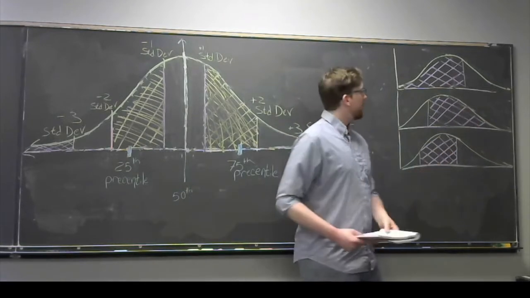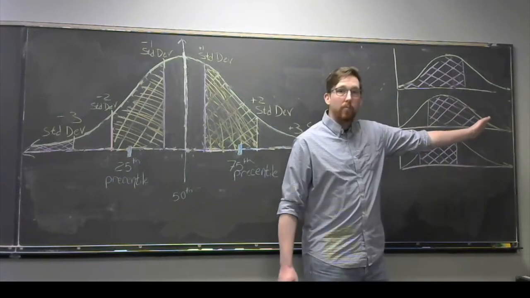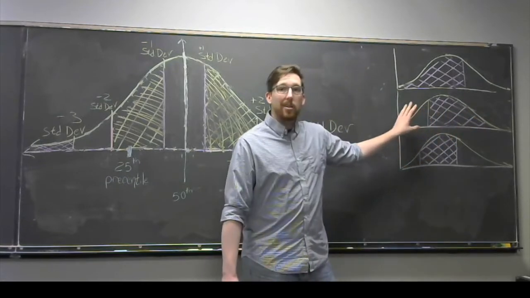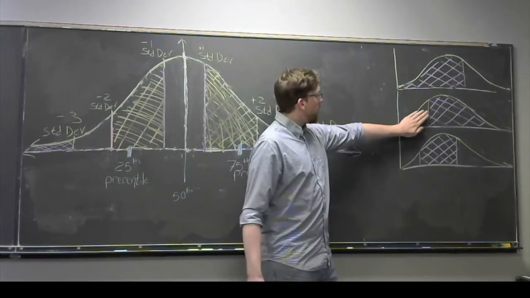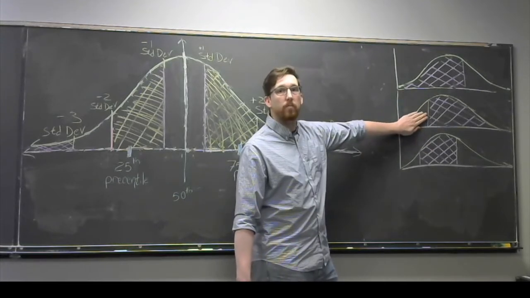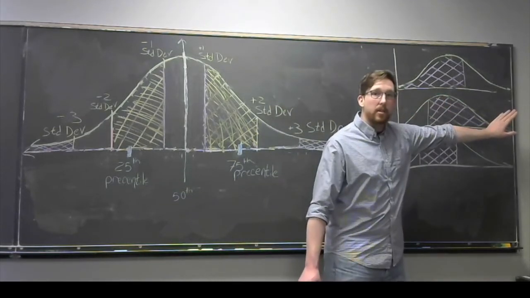Done. But what if we want to know how much data lies to the right of it? Then we would find out what percentile it is and subtract that from 100. So we would say, all right, this is in the 38th percentile, so that must mean there's 62% of the data to the right of that.